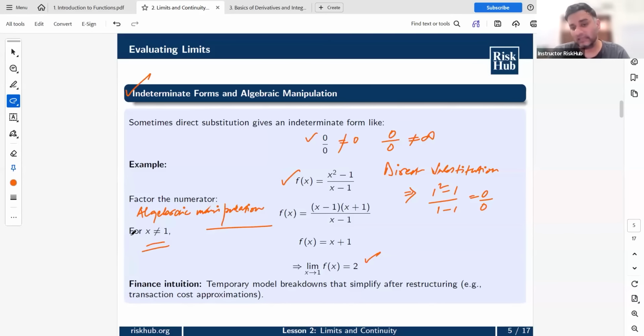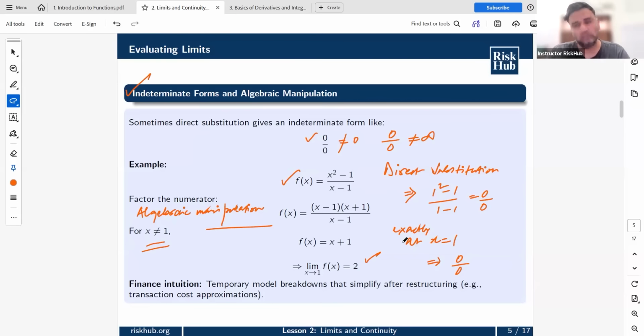Exactly at x equal to 1, the function is indeterminate. We get the 0 by 0 form. So exactly at x equal to 1, the function is undefined, but the limit still exists. This means the graph has a hole, a gap at that particular point.